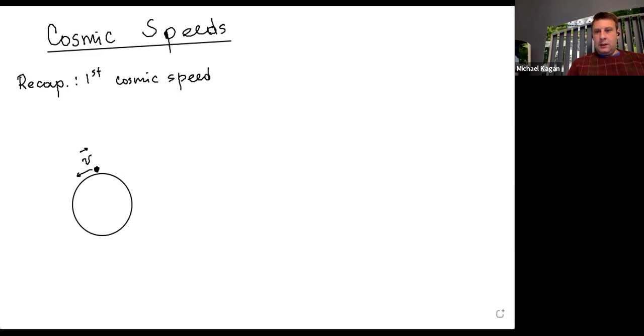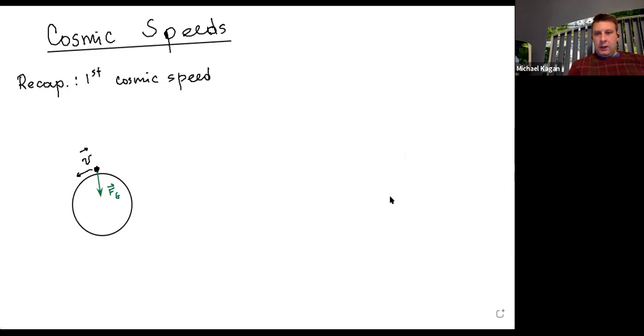We know that this projectile is subject to the force of gravity directed toward the center of the Earth. I don't want to call it mg anymore. I'm just going to call it Fg and use the more accurate Newton's formula, because we want to generalize it to other planets. So we don't want to just stick to Earth's situation.